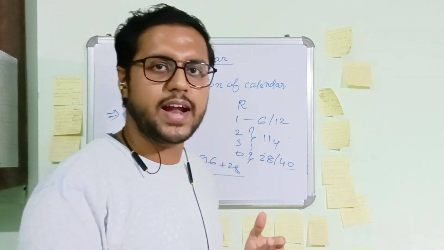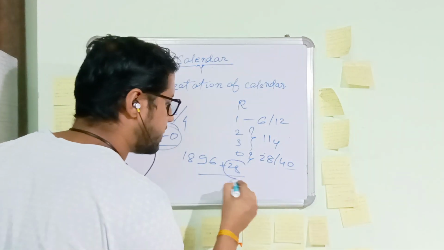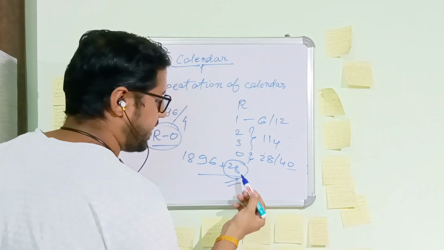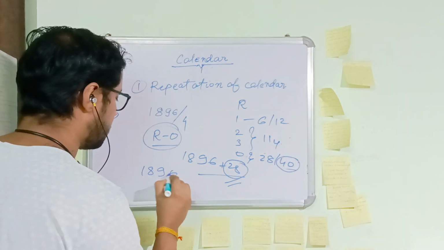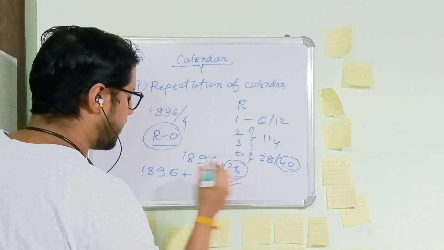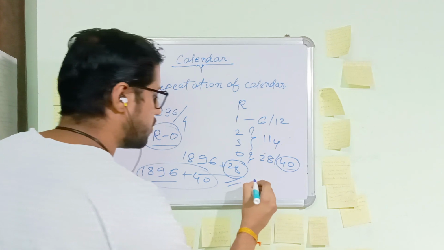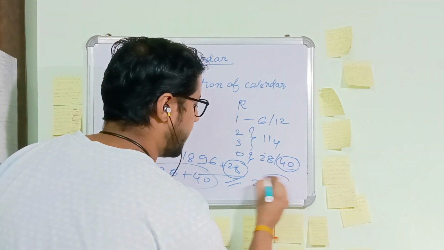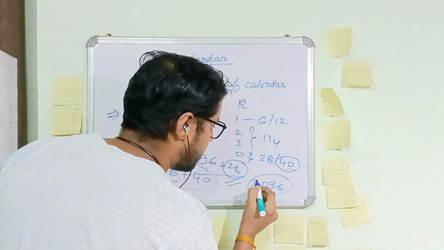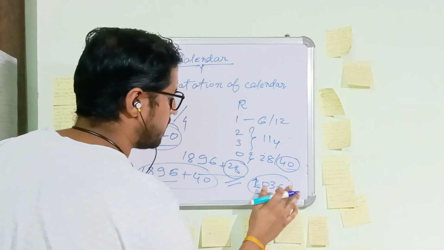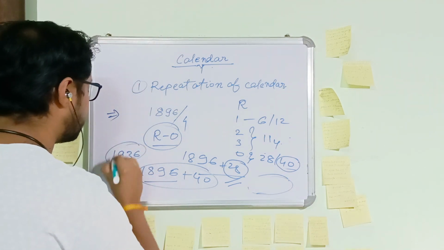It means a century ends and a new century will start. So in this case, we will not add 28, we will add 40. 1896 plus 40 gives 1936.